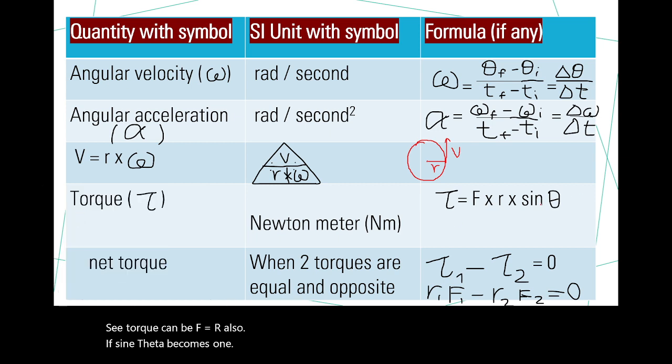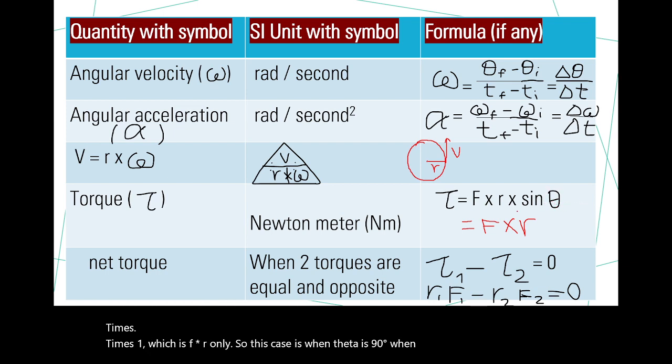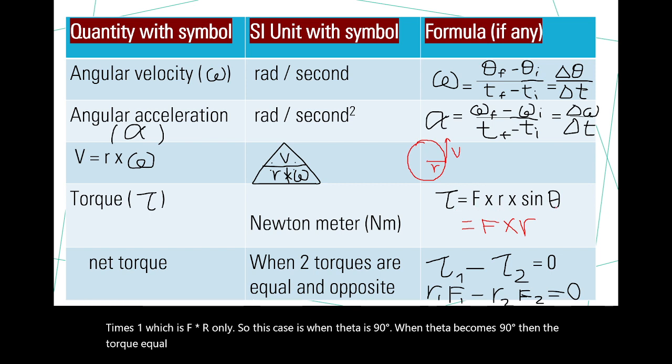Then the torque is F times R times 1, which is F times R only. This case is when theta is 90 degrees, because sine 90 degrees is 1.